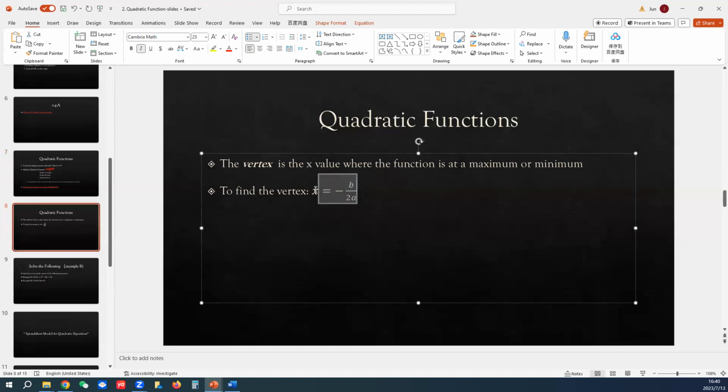Another thing that you need to be familiar with is how to calculate the symmetric pivot, namely the vertex, or when this quadratic function reaches its maximum or minimum, and that is x equal to minus b over 2a.